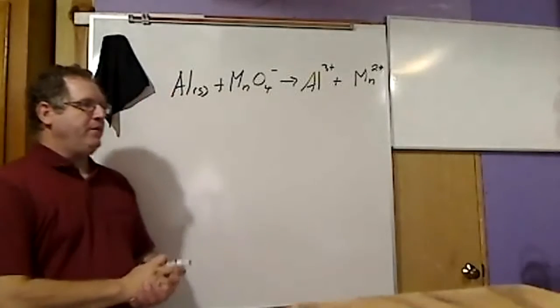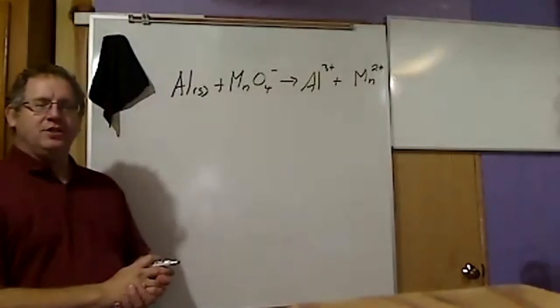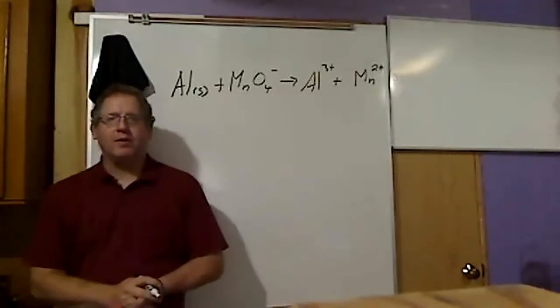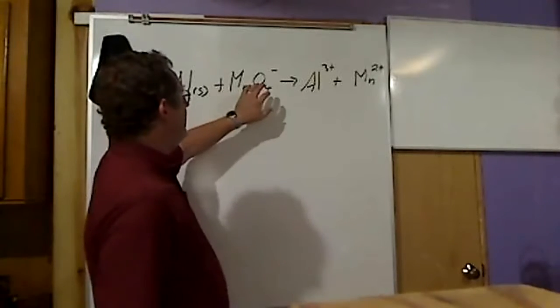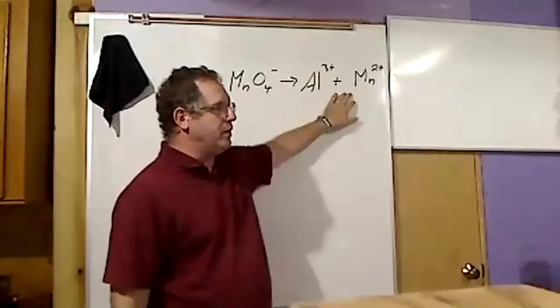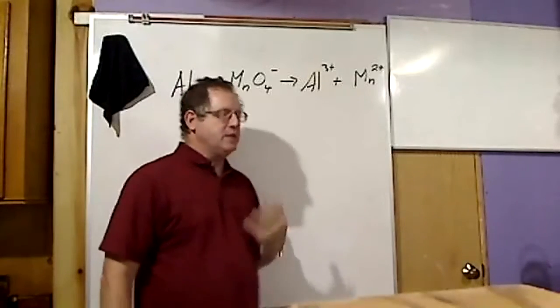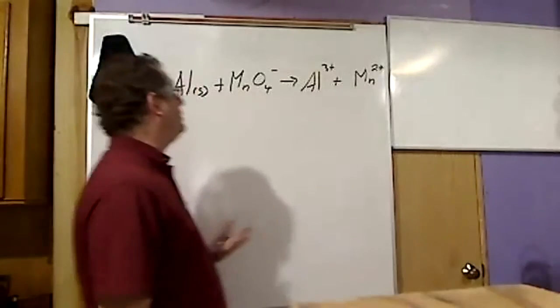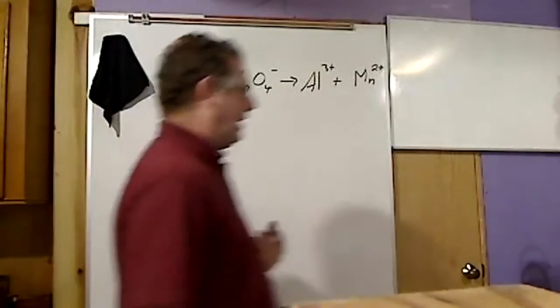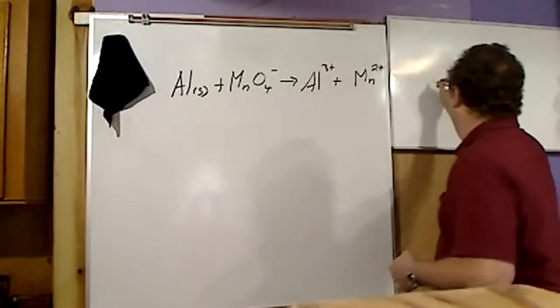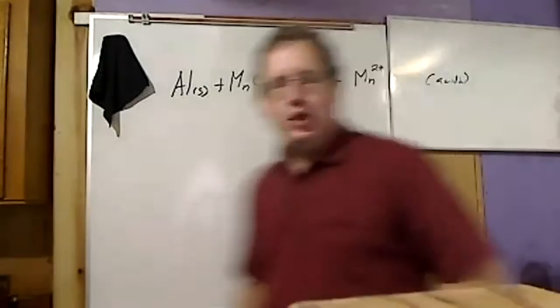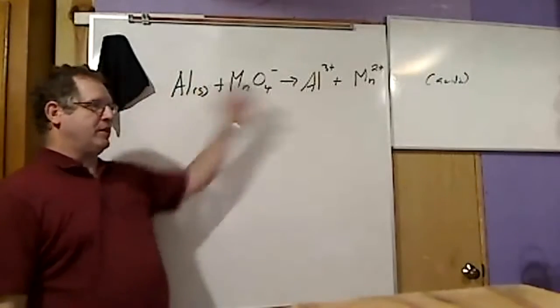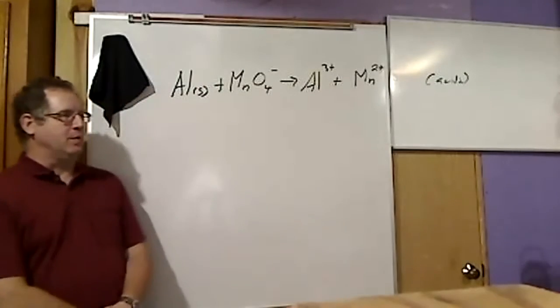Okay, so if you try to balance this equation, you're going to have a little bit of trouble with it. Okay, why? Let's see, I have oxygens here and I don't have oxygens over here. So I need one little bit of information in here that this is in an acidic solution. I knew my whiteboard wasn't going to be long enough for today's lecture, so I had to add another little one to it.